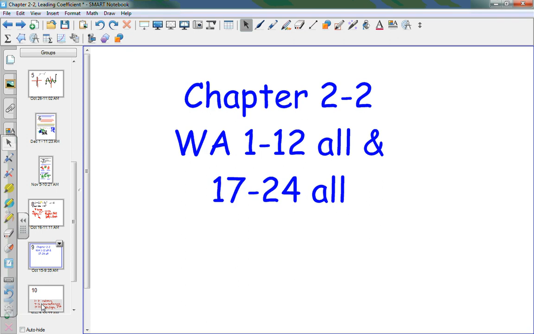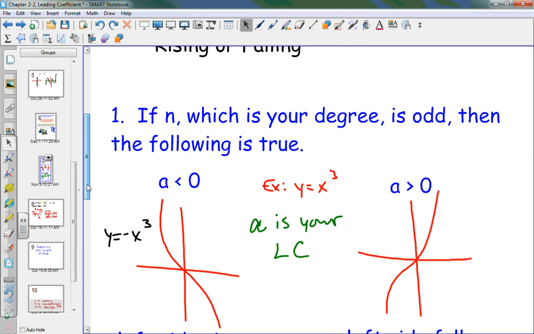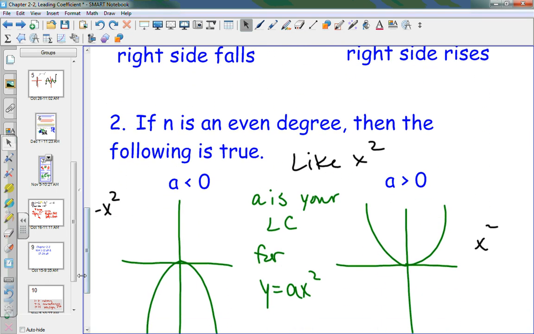Is the leading coefficient greater than or less than 0? If it's greater than, then that looks like x cubed, meaning the right-hand side rises, the left-hand side falls. Okay? What you're literally doing is applying this right here. That's it. So even ones look like x squared and odds look like x cubed.